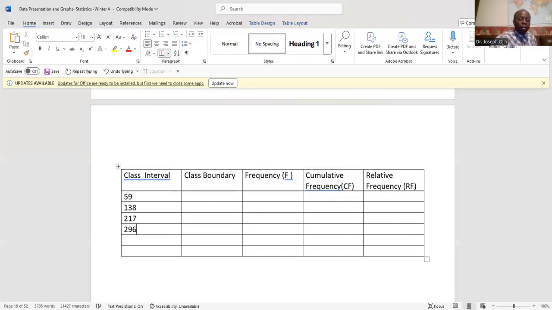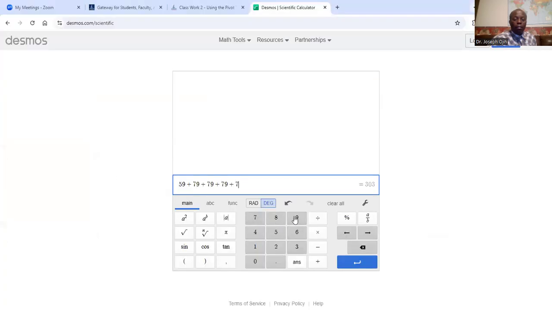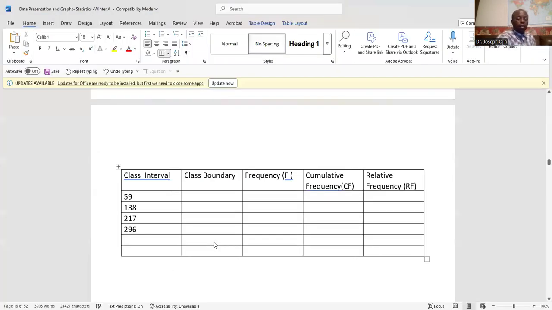Plus 79 gives 296, and plus 79 gives 375. So 1, 2, 3, 4, 5. Since we have 5 classes, you stop at that. I'll put total right there. Now you put a dash. Remember, this is not minus, just a dash.